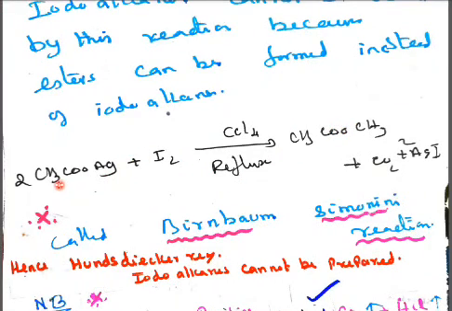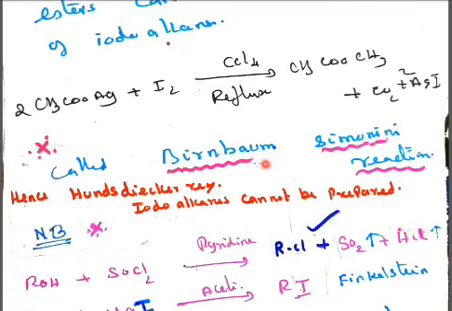Two molecules of CH3COO are taken, so we get CH3COOCH3. One product is carbon dioxide and the other is silver iodide. This is called the Birnbaum-Simonini reaction, while the other is the Hunsdiecker reaction.